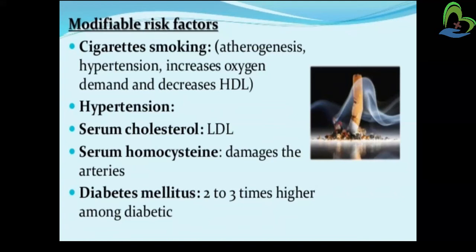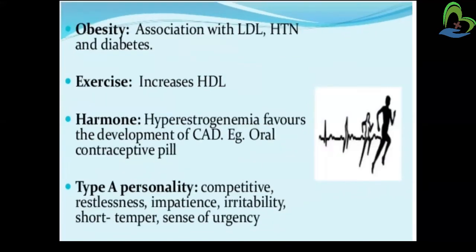Then diabetes mellitus. If a person avoids a sugary diet or glucose-rich food, it can also be modified. Then obesity. If a person has a sedentary lifestyle, they have higher chances of developing non-communicable disease or coronary artery disease.